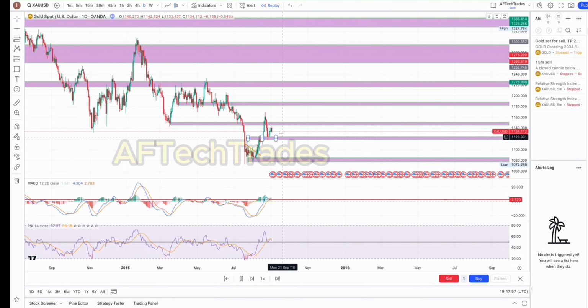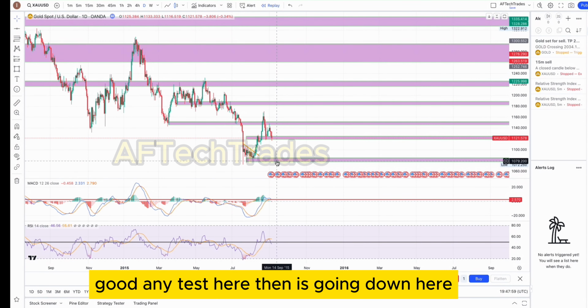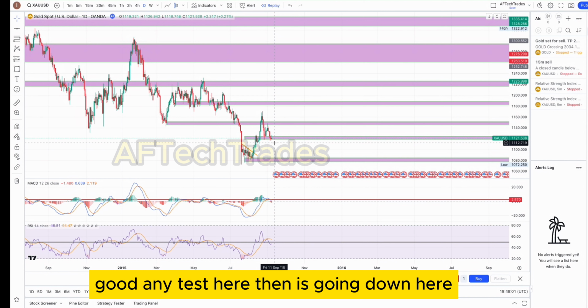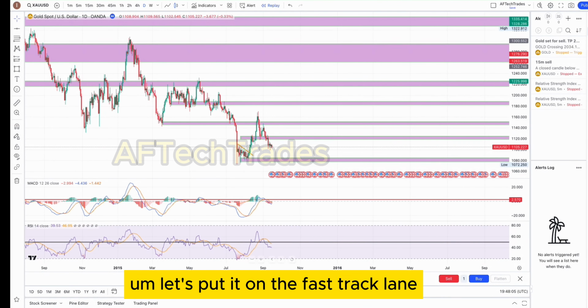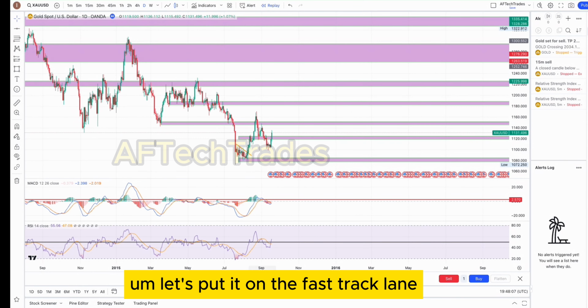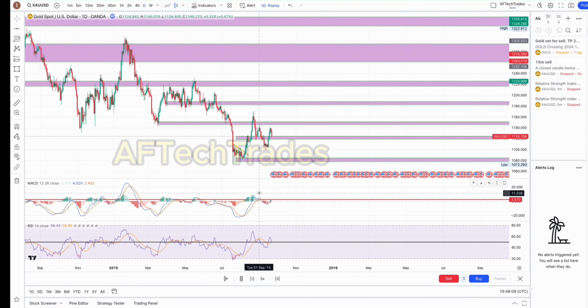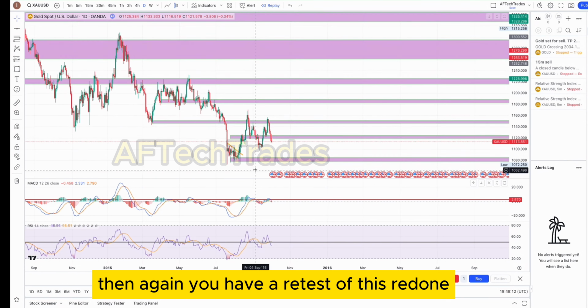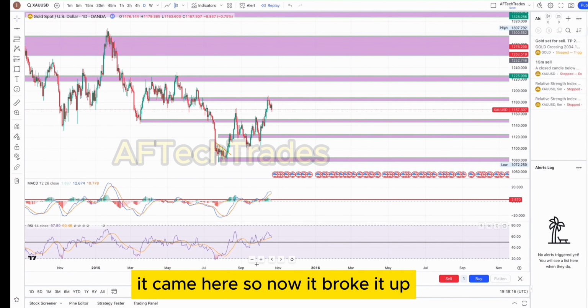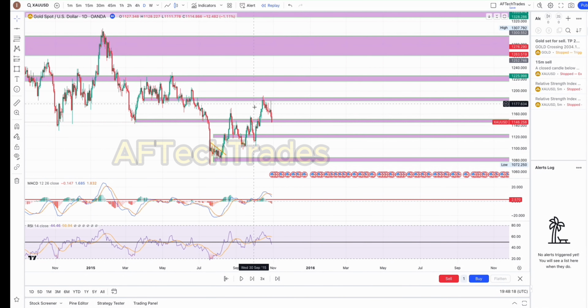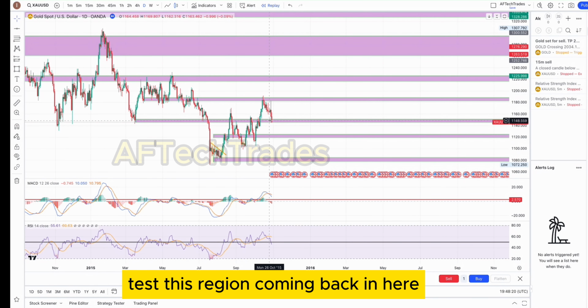Okay, good. A retest here then is going down here. Let's put it on the fast track lane. It's going down. Then again, you have a retest of this region. It came here, so now it broke it up, tested this region, coming back in here.